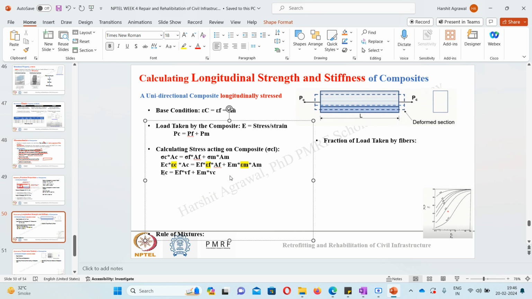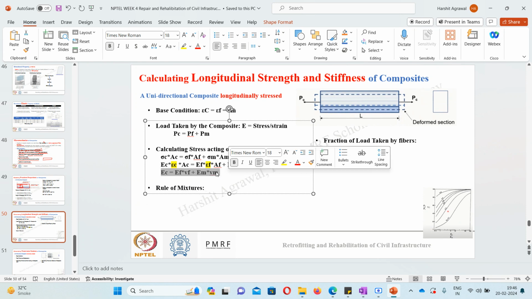Okay, so you can see here how, knowing the elastic properties of fibers and the matrix, I can calculate the elasticity of composite. Now this combination, where the elasticity of fiber times the volume fraction of fiber and the elasticity of matrix times the volume fraction of matrix dictates the property of composite, is known as the rule of mixtures.